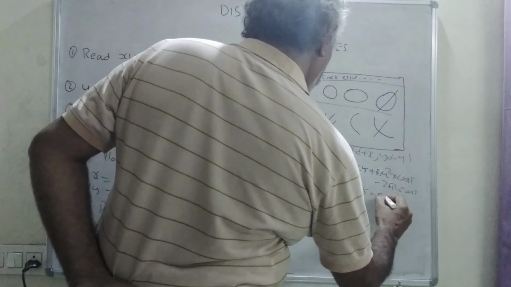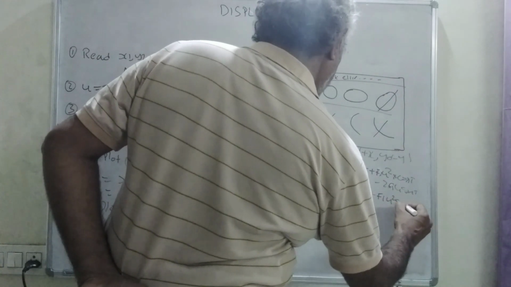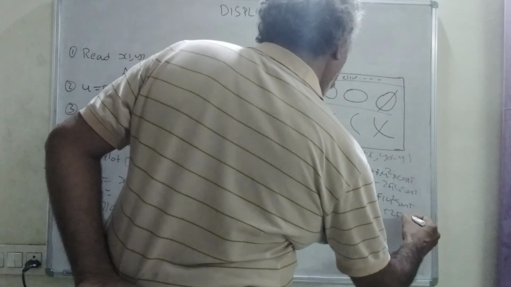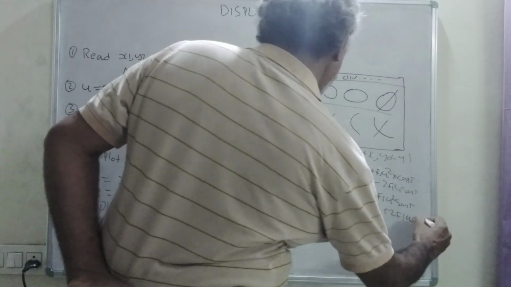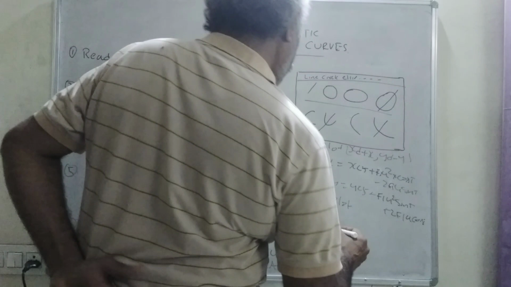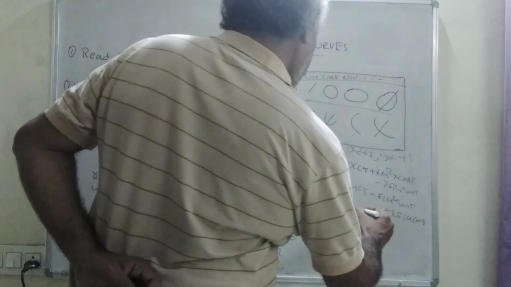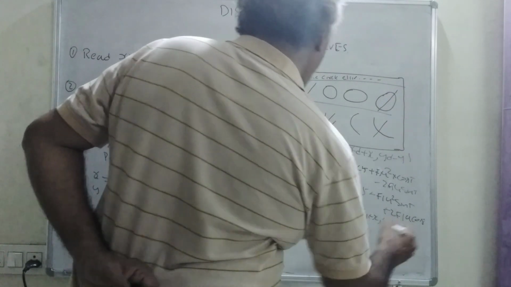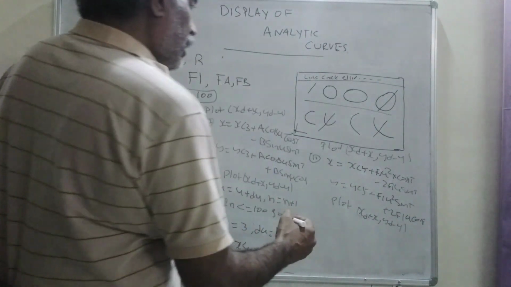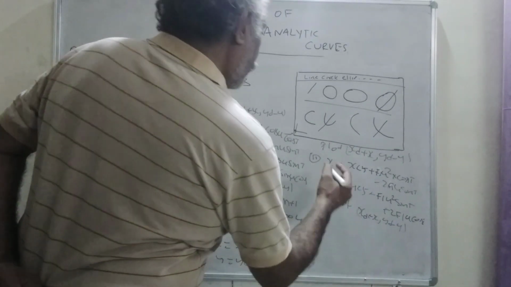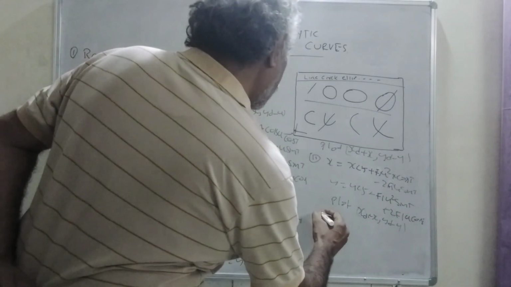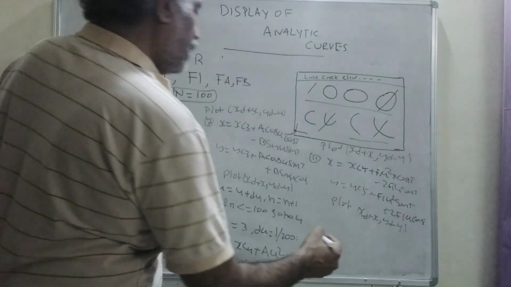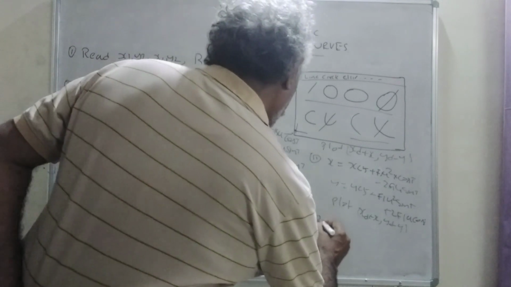So F1 u squared sin t plus 2 F1 u cos t. Plot xd plus x, yd minus y. Okay, and here the space is not there. So what I'm trying to tell, I'm leaving these two for the exercise.